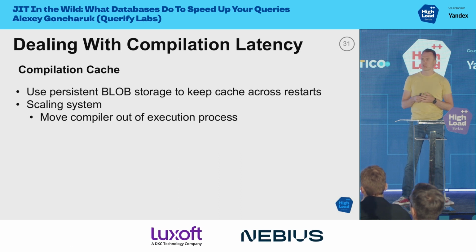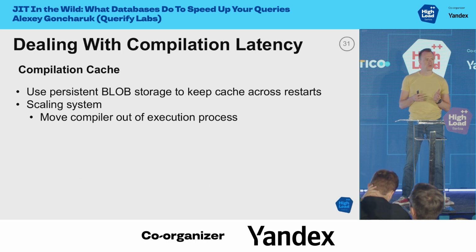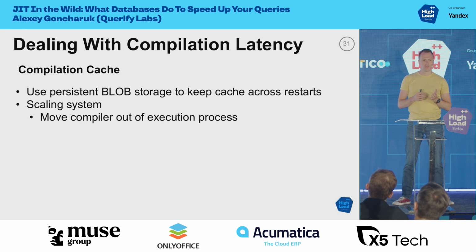And this comes in handy when you scale up and scale down your distributed databases. When you start a new worker, you don't need to pre-warm the cache, because unless you change the operator implementation, you may reuse the compiled code.